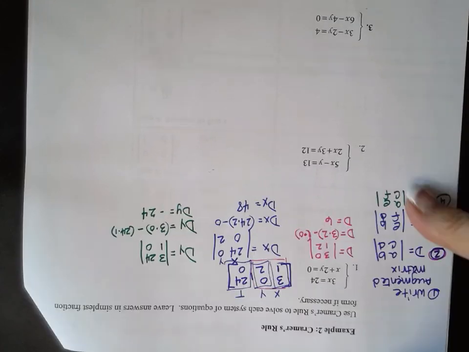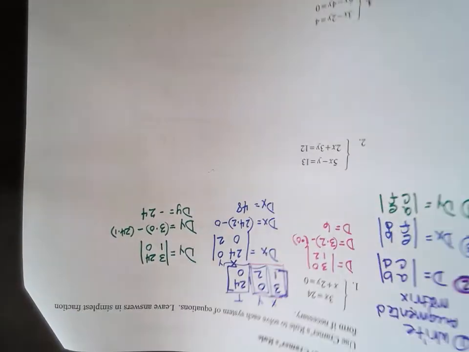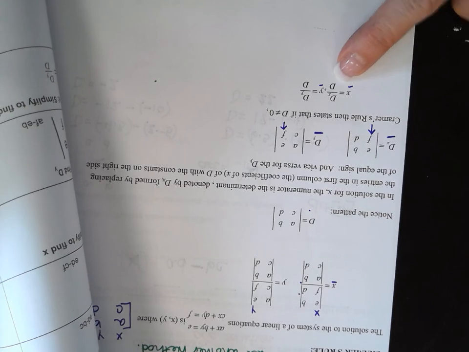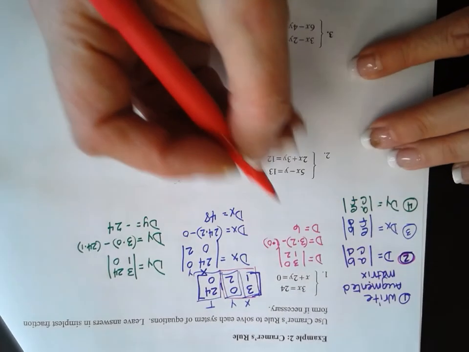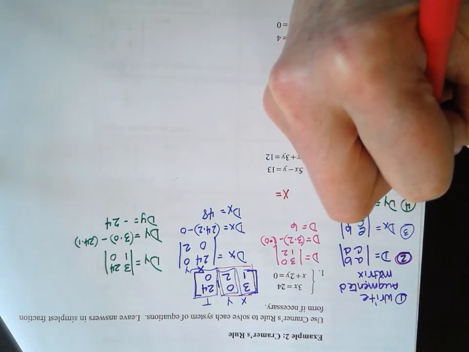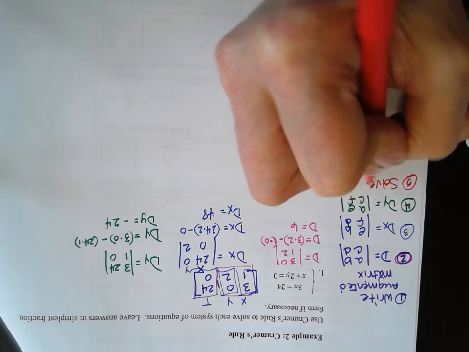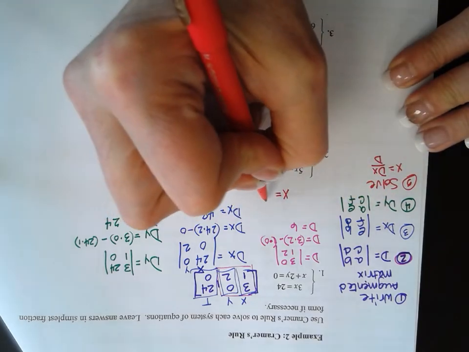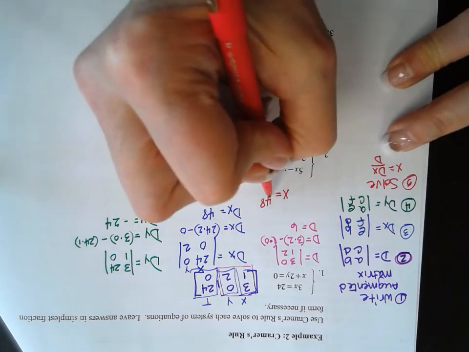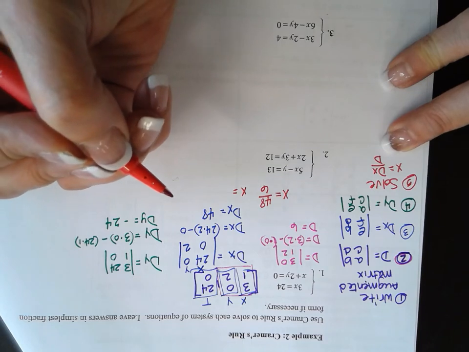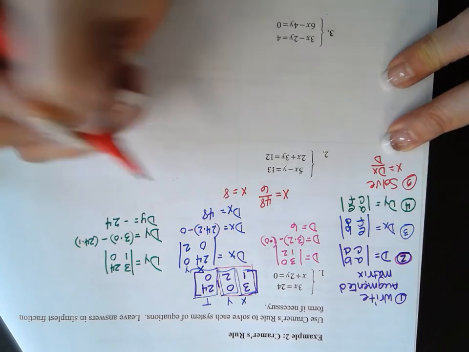All right, now the rule said, back on this page, that to find the x, I divide my D of x by my determinant. So d of x was 48, my determinant was 6, and so x is equal to 8.